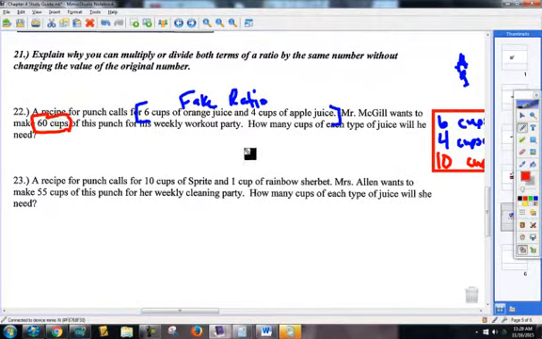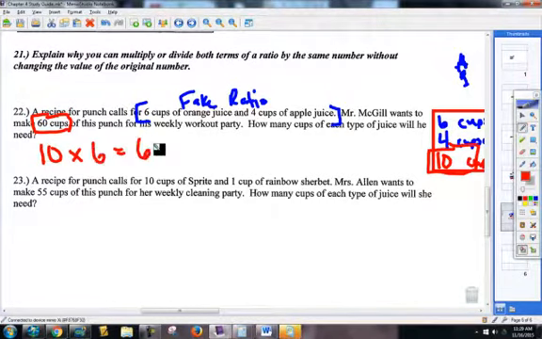So if he needs to make 60 and his original recipe has 10 cups, what is he doing to his original recipe? Isn't he multiplying it by 6? That's all he's doing. So if he's multiplying his total recipe by 6, then what does he need to do with each of his ingredients?